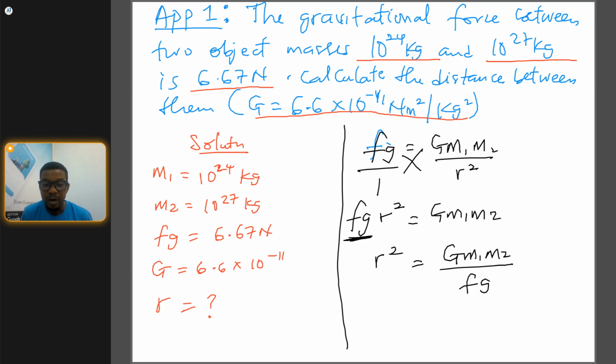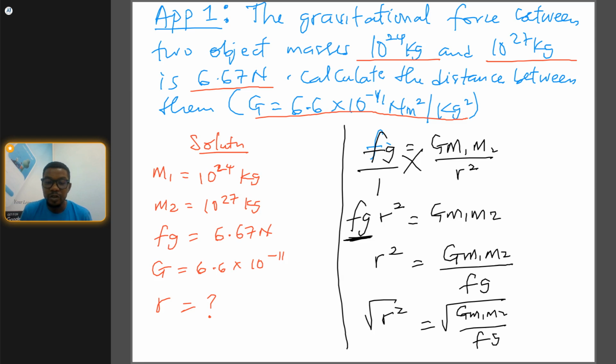All right? We are still having R squared, but what we want to get is R. So I need to take away that square. How do I take away the square? By taking the square root of both sides. So square root of R squared, square root of G M1 M2 over Fg.